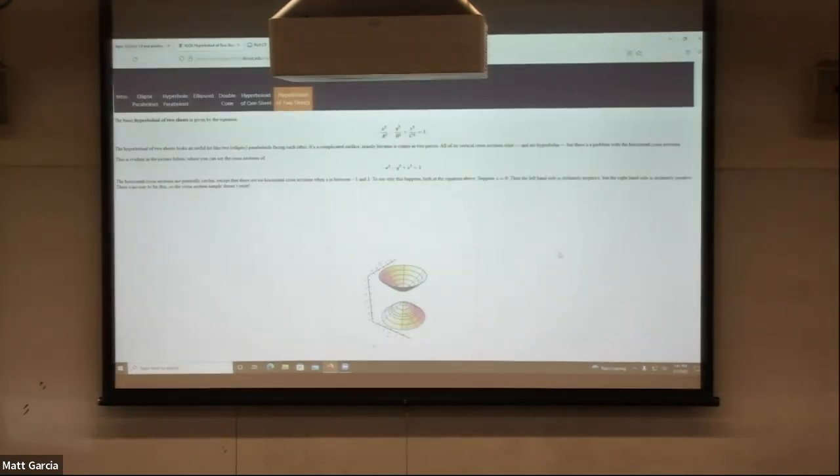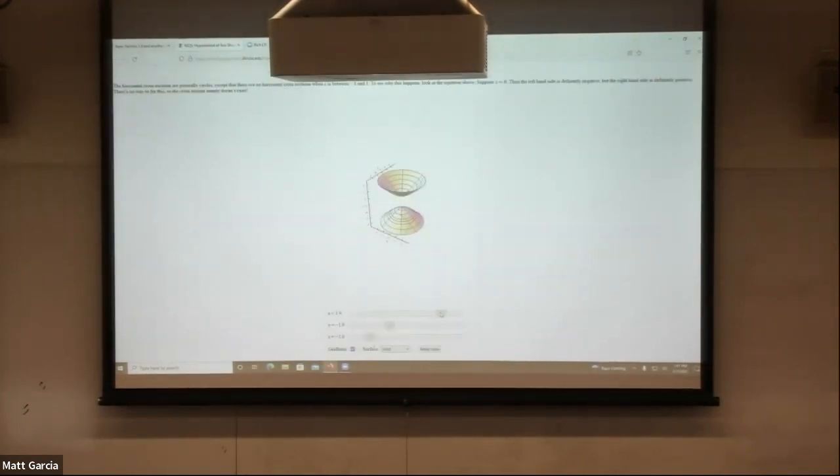Here, A is 1, B is 1, and C is 1. So what conic section do I get when I take a cross section for a constant value of x, i.e. a plane that is parallel to the YZ plane? This forms a conic section. What conic section do we have here?